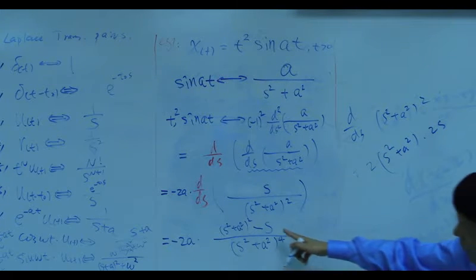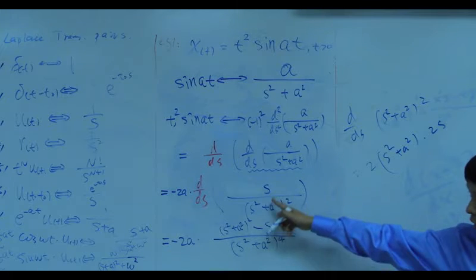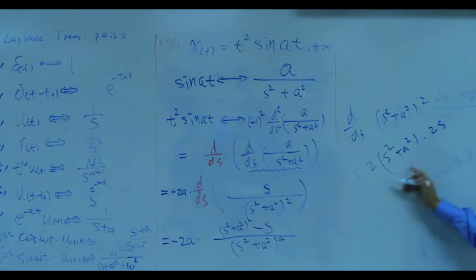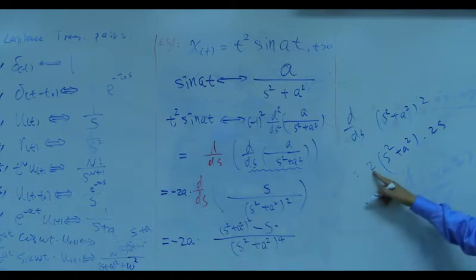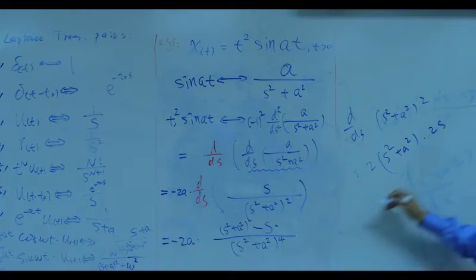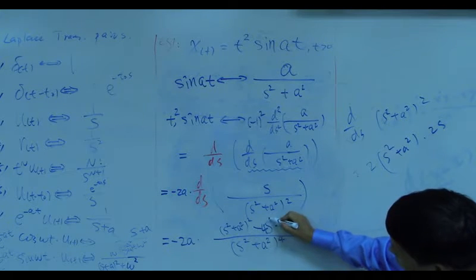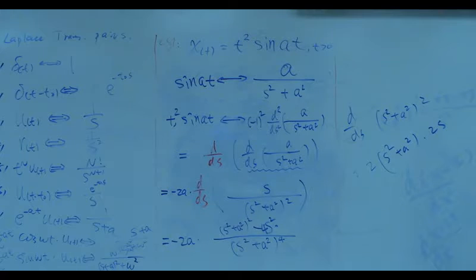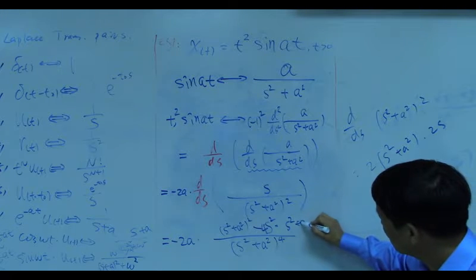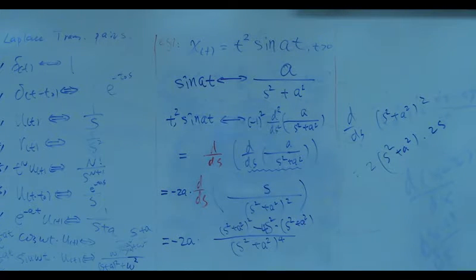So that will be s here minus, don't forget this, right? Minus s then times all this. So that will be times 4s, right? So that will be 4s squared. Then this one, s squared plus a squared. Oh, looks like that's very long, right? Okay, now we can simplify.